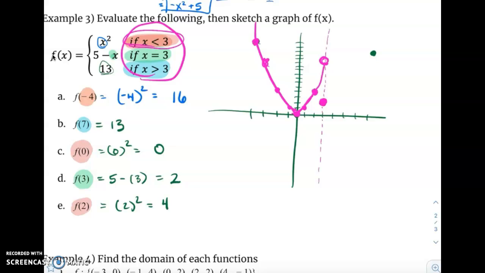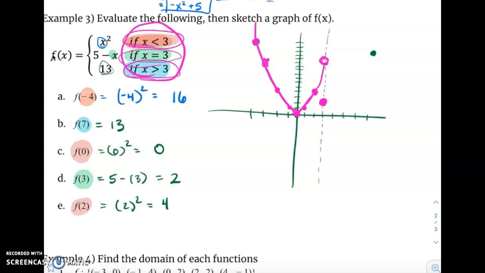That's the middle piece. At 3, we got 2. And so that's why there's a point at 2. And then you've got the right side, which is when x is greater than 3. That means to the right of the dotted line. And the answer is 13.